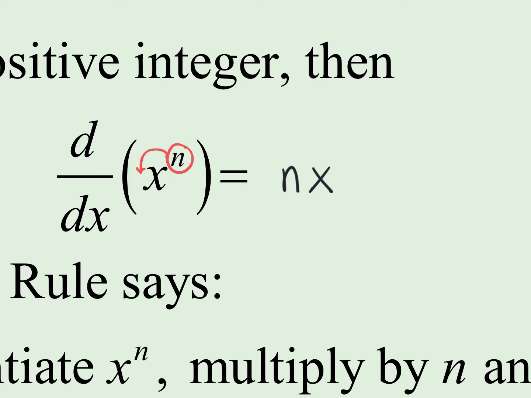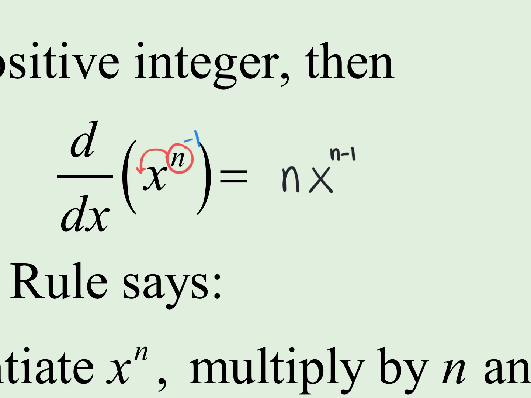After you've done that, subtract 1 from the number that the power was. So it's dropping it down a power to 1 less. And so this will now have a power that's been lowered by a value of 1.